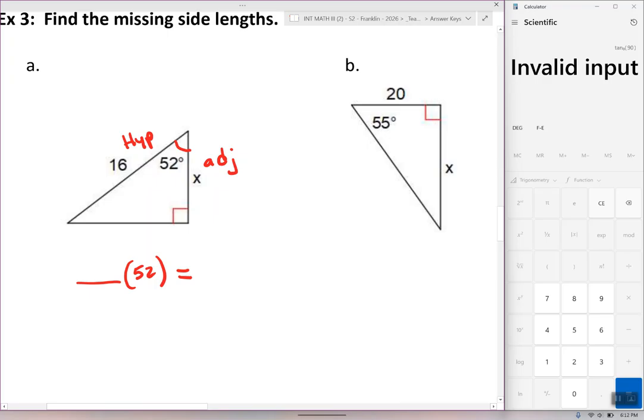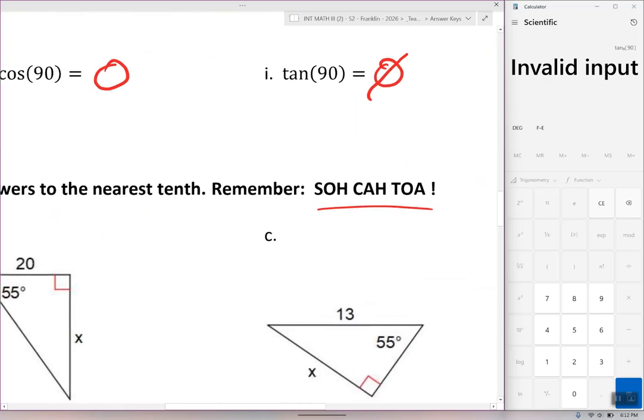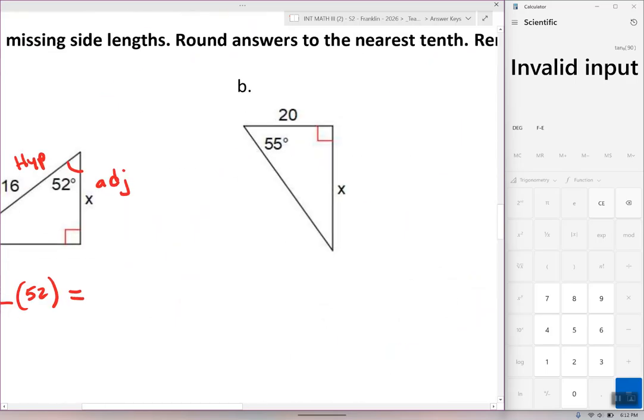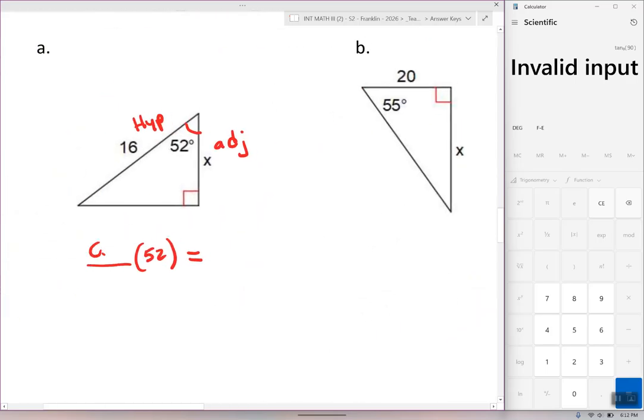So we want to use adjacent over hypotenuse, and that would be our CAH part of this mnemonic, which is our cosine function. So we're going to use cosine of 52, which is, again, adjacent over hypotenuse, so x over 16.